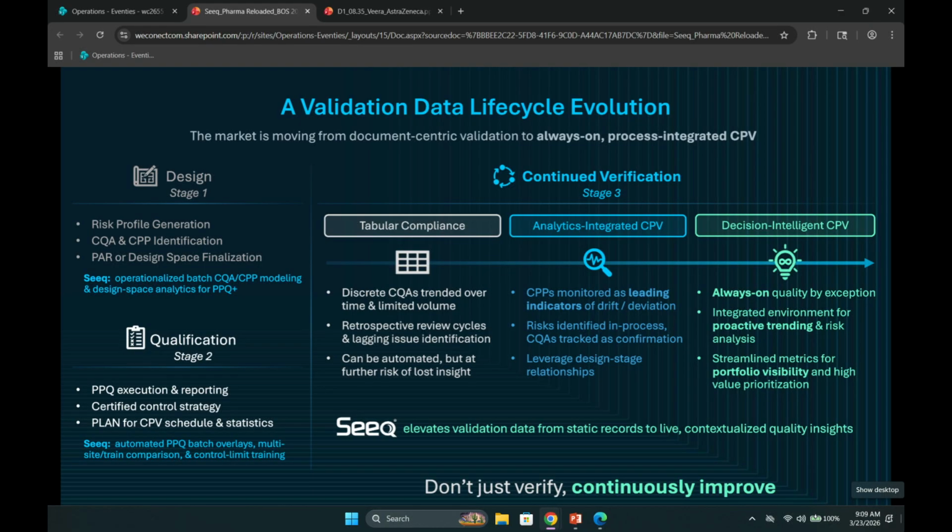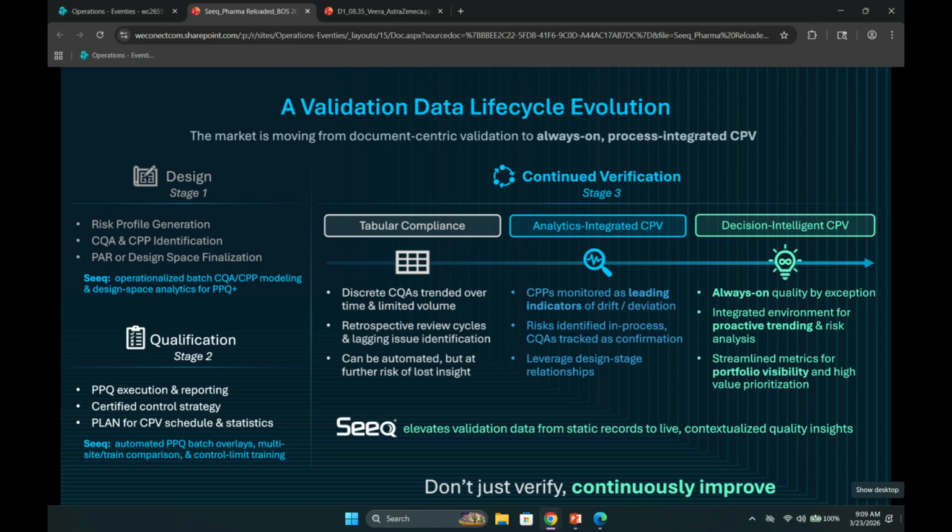And then to show continued verification, we trend a few quality attributes, a few parameters in a spreadsheet. Maybe we paste them in a report and it gets signed off. And that's great. That might be what you need to prove continued verification of your processes and products.